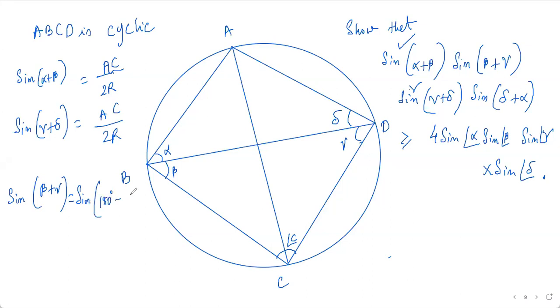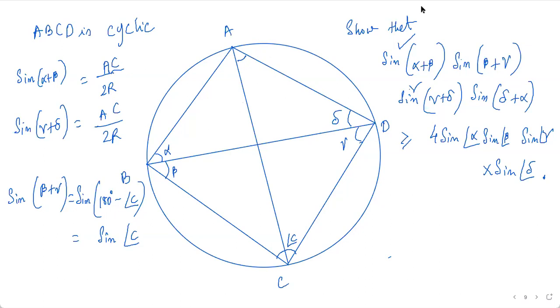Okay, so I was using that beta plus gamma is equal to 180 minus angle C, so that will be equal to sine of angle C. And so I'll relate it to BD now. Sir, I am finding angle CAD and angle CAB, by the same arc subtending equal angles.